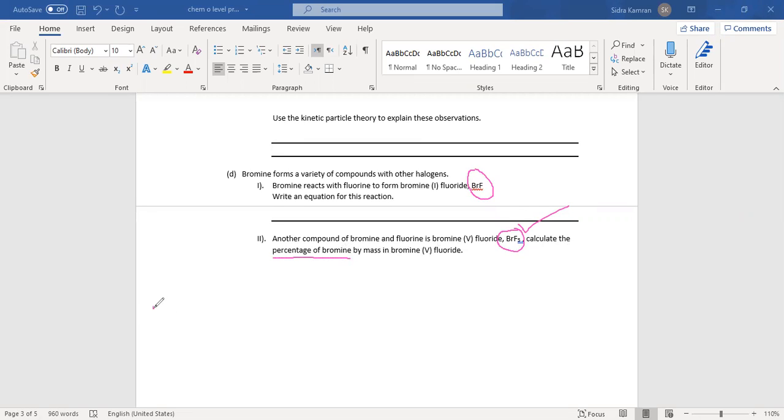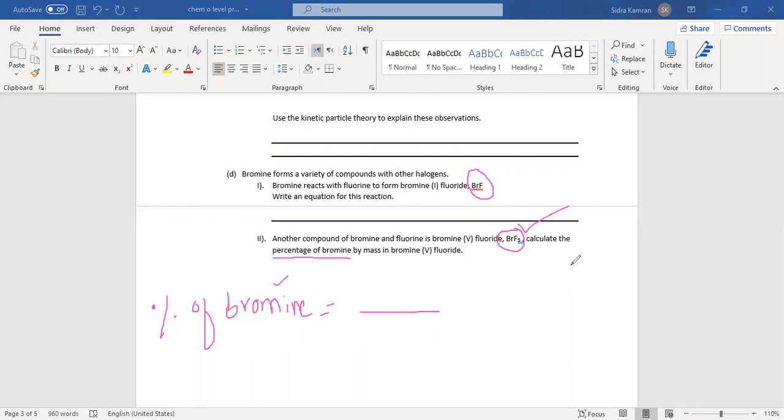So you know how to calculate the percentage of bromine. If you want to calculate the percentage of bromine, you have to write the atomic mass of bromine at the top, and the mass of the whole compound at the bottom. So the denominator will be the mass of the compound and the numerator will be the atomic mass of bromine, because you have to calculate the percentage of bromine.